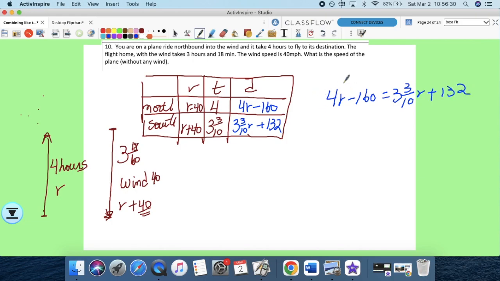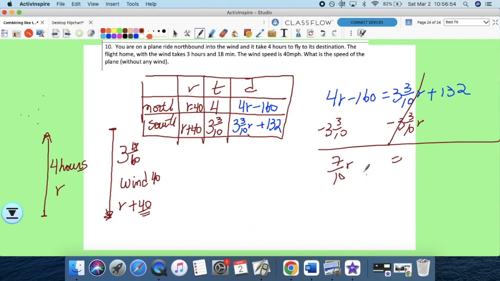Let's get rid of variables on both sides. I'm going to subtract 3 and 3/10 r from both sides. That's the same thing as 4 minus 3.3, which leaves us with 7 over 10 r, minus 160 equals 132. I have to add 160 to both sides.